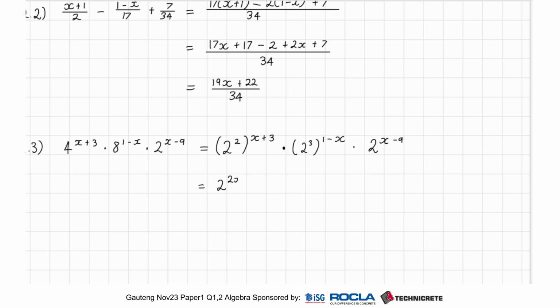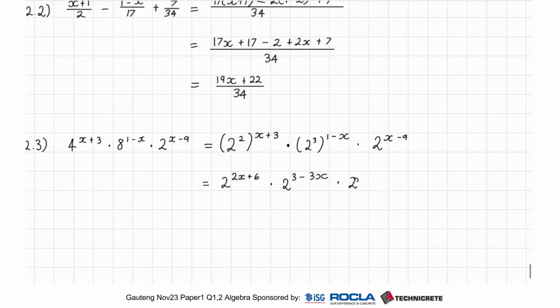So I'll have 2^(2x+6) times 2^(3−3x), and then this is just 2^(x−9).